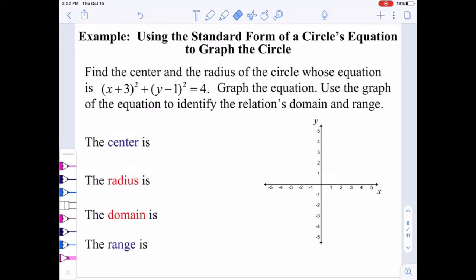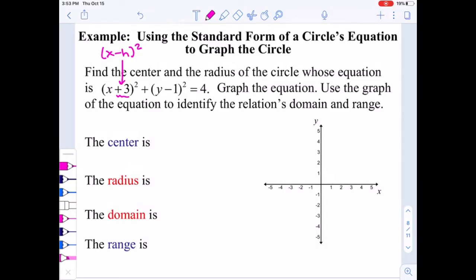All right, so to find the center of our circle, we need to identify how our x value has shifted. If I have a plus 3, the general form had said x minus h squared. So if this is a plus 3, it goes back to our idea of transformations. Inside of those parentheses, you have to put it inside your brain and go opposite of what you think.